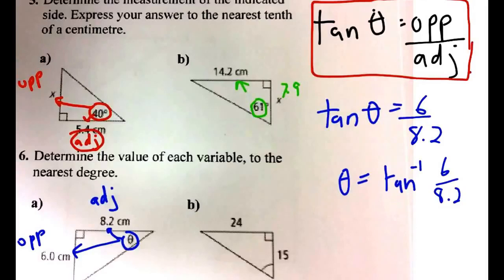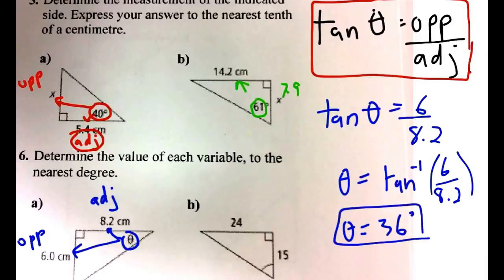So I went second tan brackets 6 divided by 8.2. And that gives me an angle of 36.19. And usually angles, because 1 degree is pretty small, if we just round them off to the nearest degree, that's good enough. Okay, so in this case our angle would be 36 degrees.